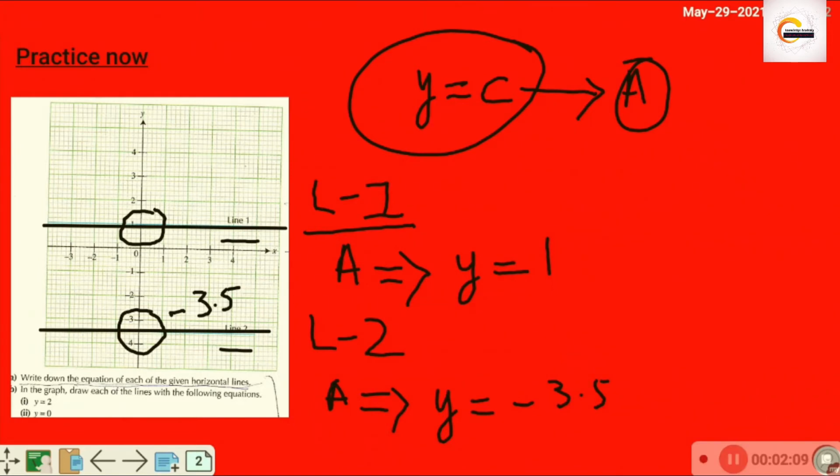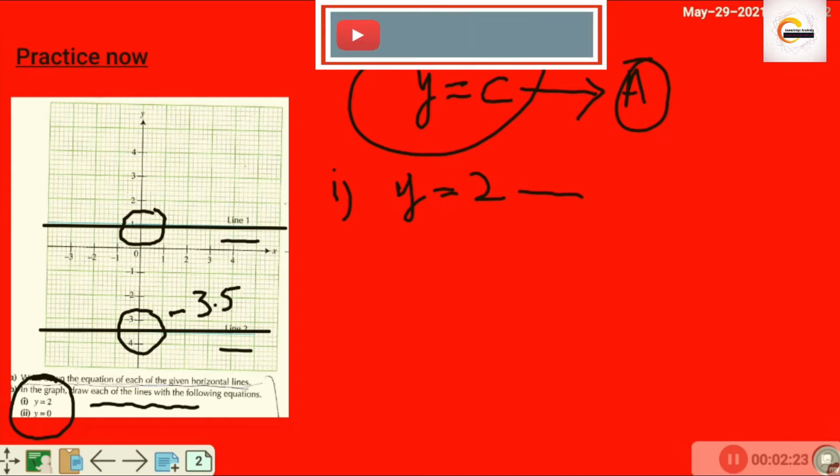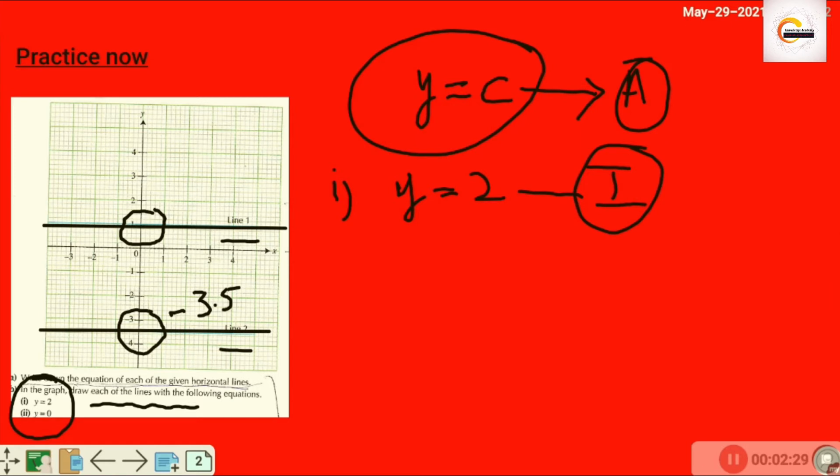Part B, we have to draw a line with the following equation. Very simple. If the equation of a line is y equals 2, all we have to do is compare equation number 1 with equation A. By comparing, we know that c equals 2.